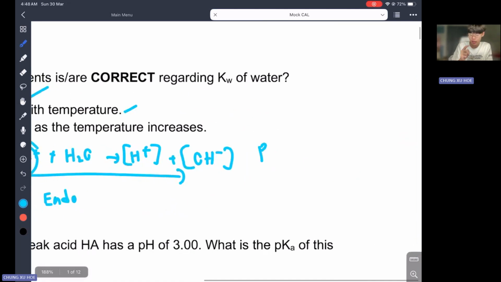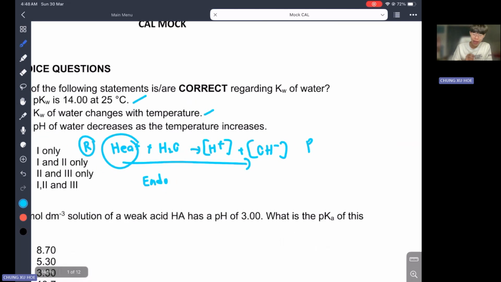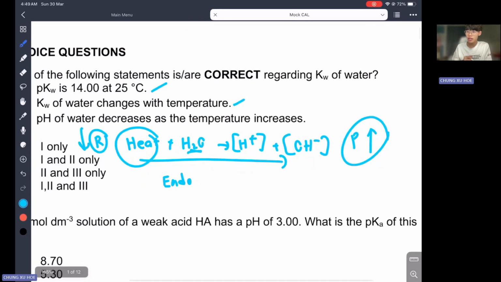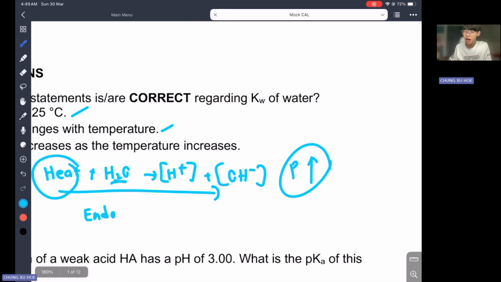My product here is my H plus and OH minus ions. So when I added heat into H2O, my reactant increases or decreases? Decreases. My product increases or decreases? Increases. So my H plus ions and OH minus concentration increase. So the Kw of water changes with temperature. Make sense? Because when your H plus and OH minus change, your Kw also changes.